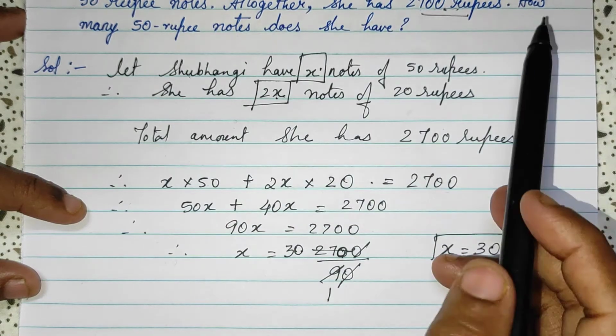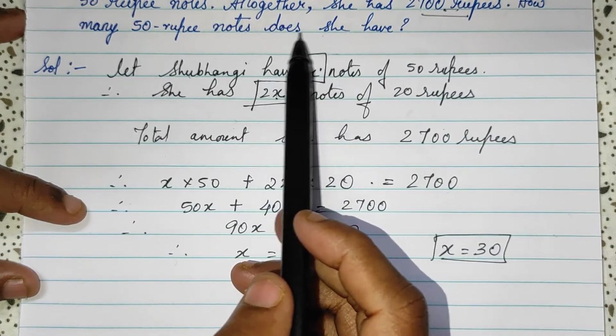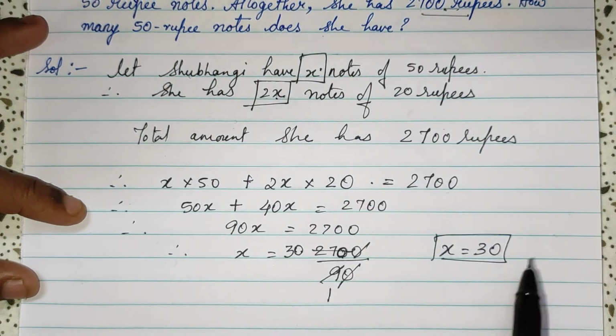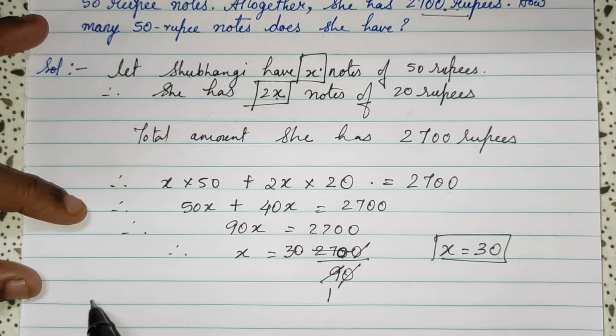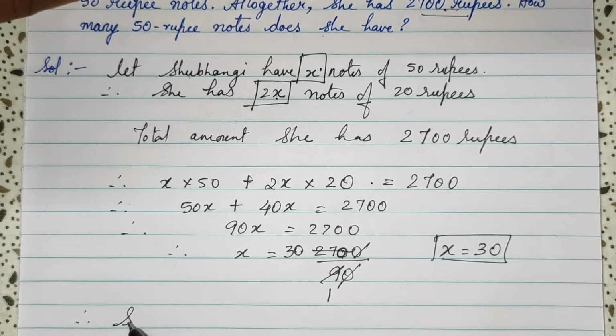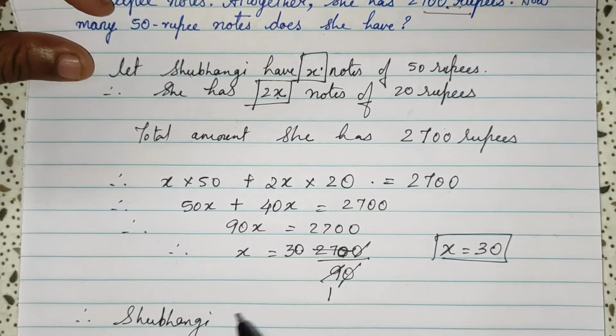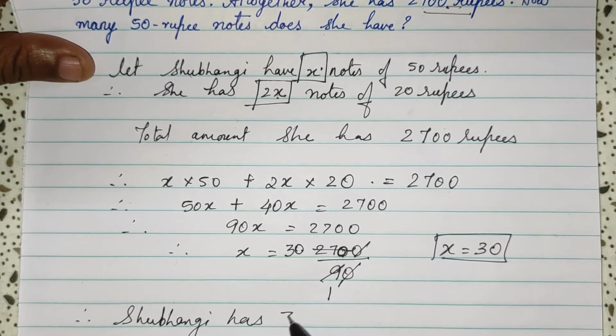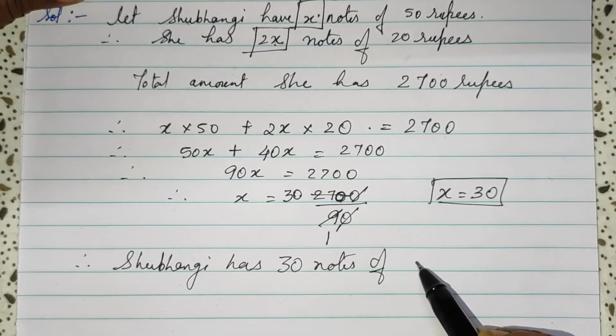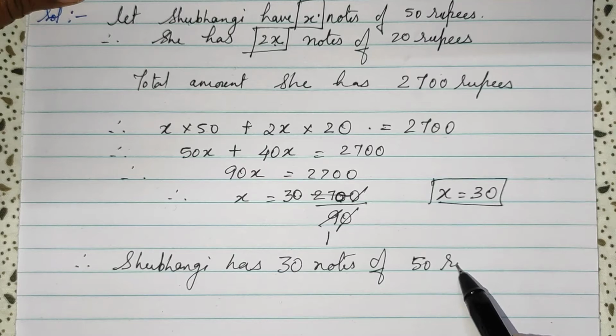What do they want? How many 50 rupee notes does she have? So Shubhangi has 30 notes of 50 rupees.